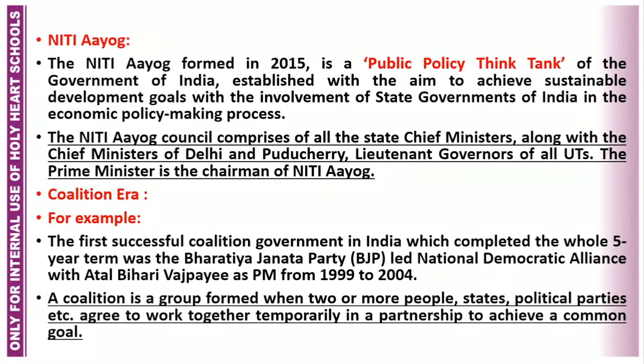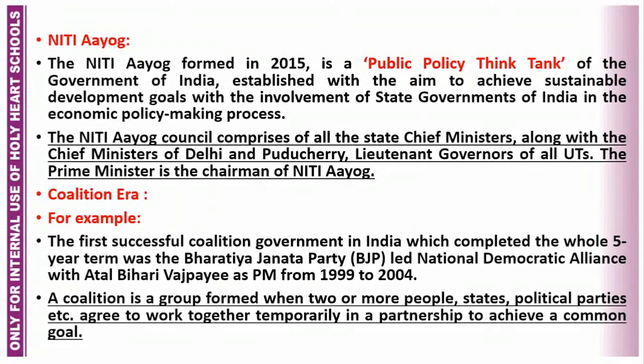Next is coalition era. The example is the first successful coalition government in India which completed the whole 5-year term, which was the Bharatiya Janata Party led National Democratic Alliance with Atal Bihari Vajpayee as Prime Minister from 1999 to 2004. A coalition is a group formed when two or more people, states, political parties, etc., agree to work together temporarily in a partnership to achieve a common goal.